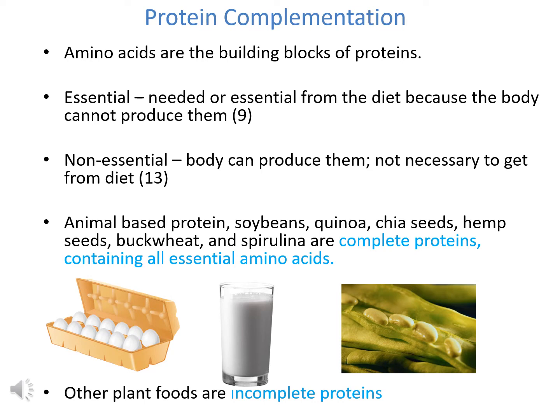And some of those include soybeans, quinoa, chia seeds, hemp seeds, buckwheat, as well as spirulina. Spirulina is a type of seaweed or algae, which again will contain all the essential amino acids. Most other plant proteins, however, are designated as being incomplete, meaning that they don't contain all of the essential amino acids.